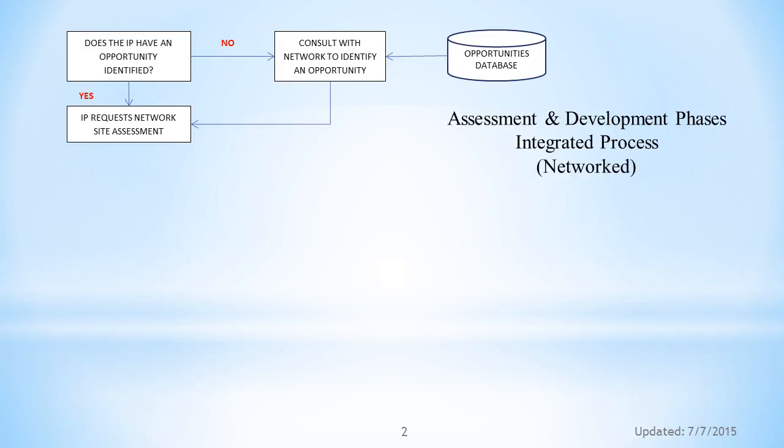If the IP team already has a specific opportunity in mind, the IP can initiate a site assessment by providing the network the site's location and information for an appropriate OP contact.